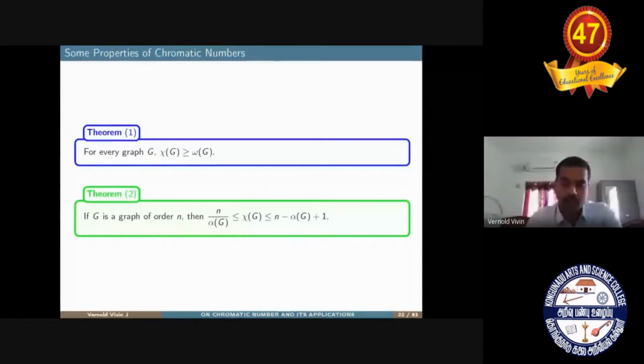So this gives the lower bound and the upper bound for the chromatic number. These two theorems are very important and useful basic properties of the chromatic number. I'm going to apply these two theorems in the next example.